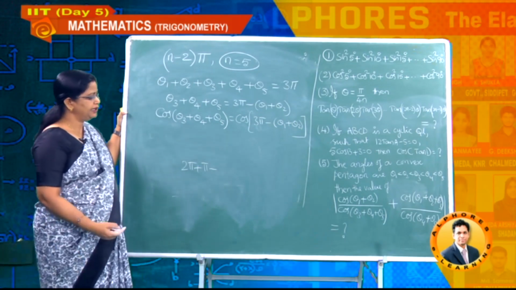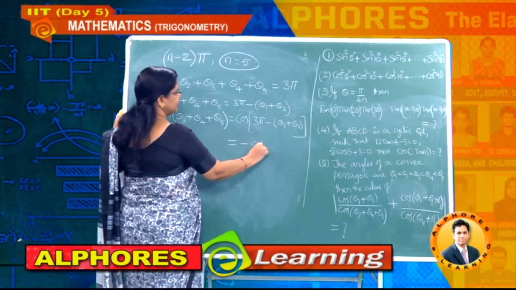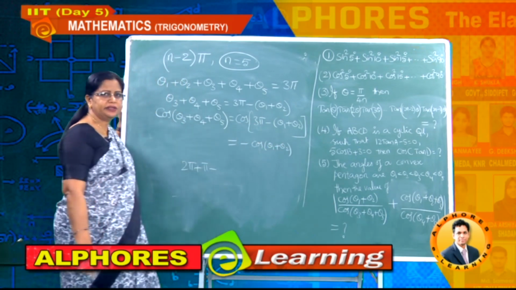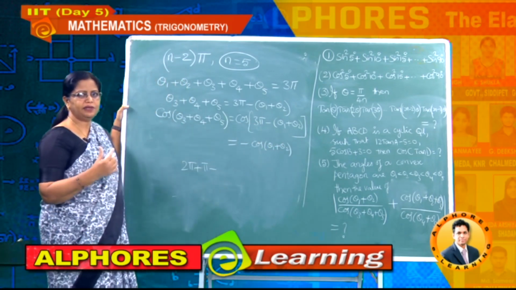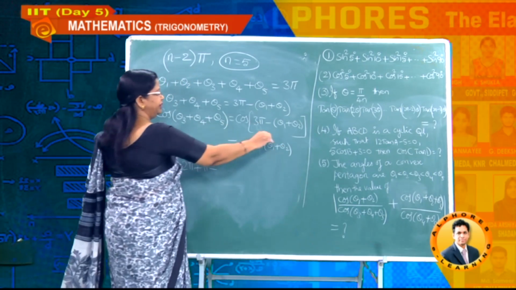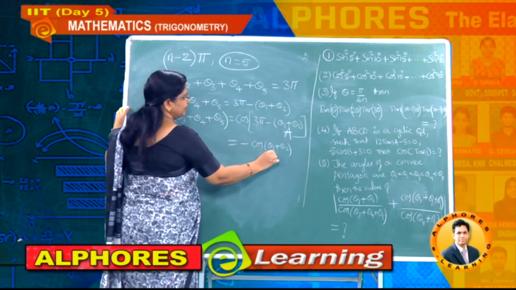So use it as second quadrant, and hence the answer is minus cos of (theta 1 plus theta 2). Remember, 3 pi minus always falls in the second quadrant where the cos value is negative. If you treat this as capital A, cos (3 pi minus A) is minus cos A.